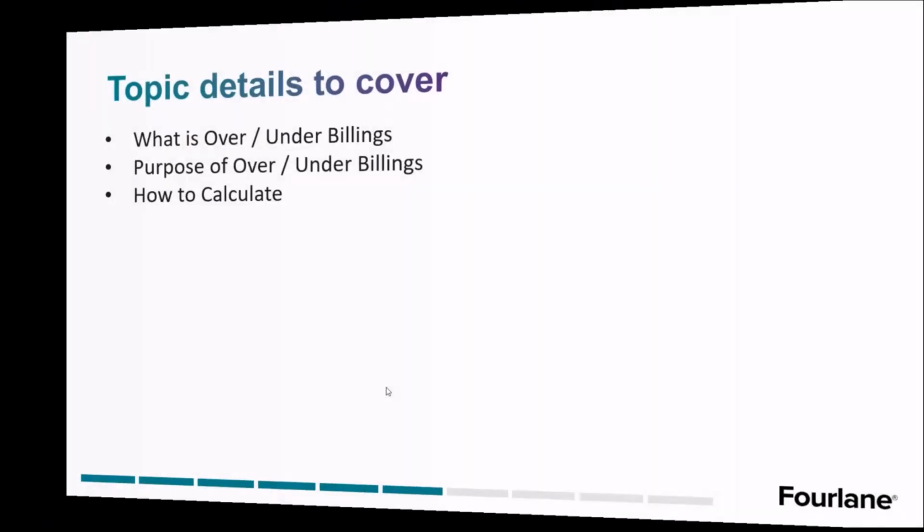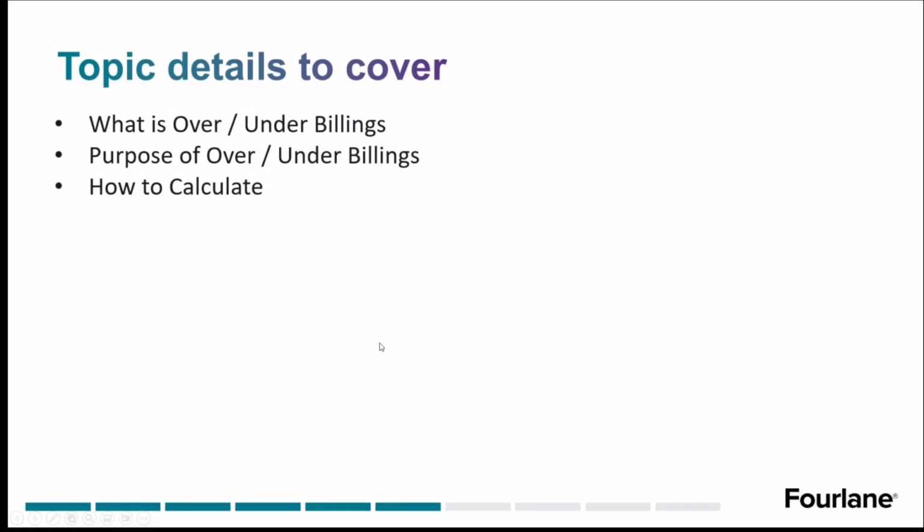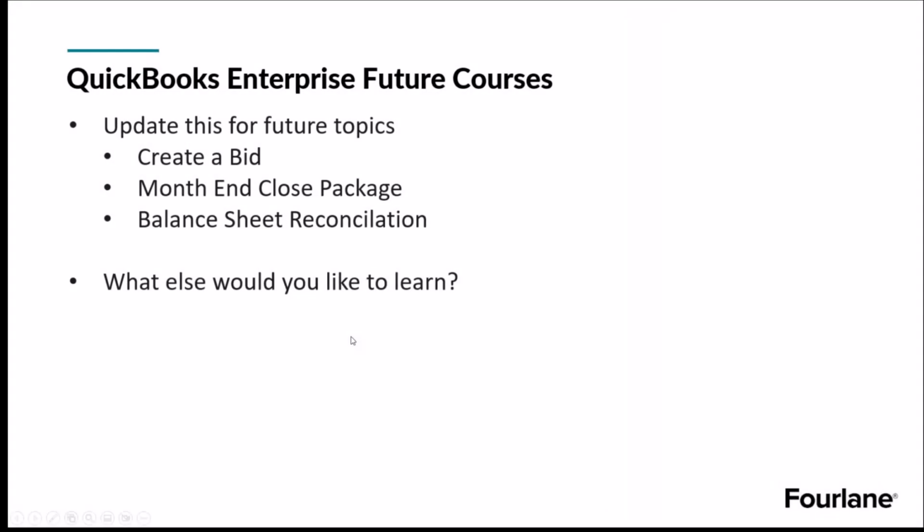Okay. So today we went over what over/under billings are, what the purpose of it is, and how we calculate those over/under billings. Our next topic would be to create a construction bid. So we need to make sure that those estimates are on point and very accurate for the rest of these pieces.